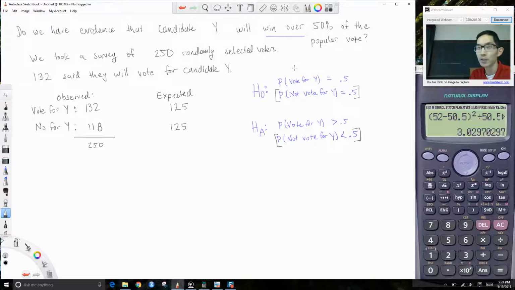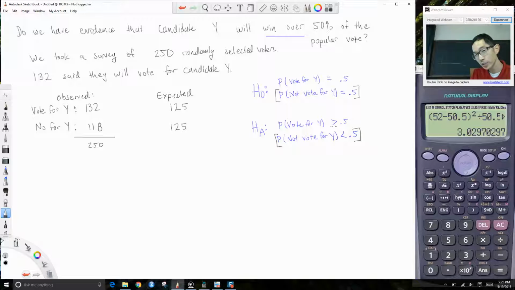And again, the null hypothesis always has an equal sign in it. So you might think maybe I should have a less than over here and a greater than over here, okay? Just the way we set up our hypotheses, though, is that the null hypothesis always has an equal sign. So it's either going to be equal to 50% or we have more than that.